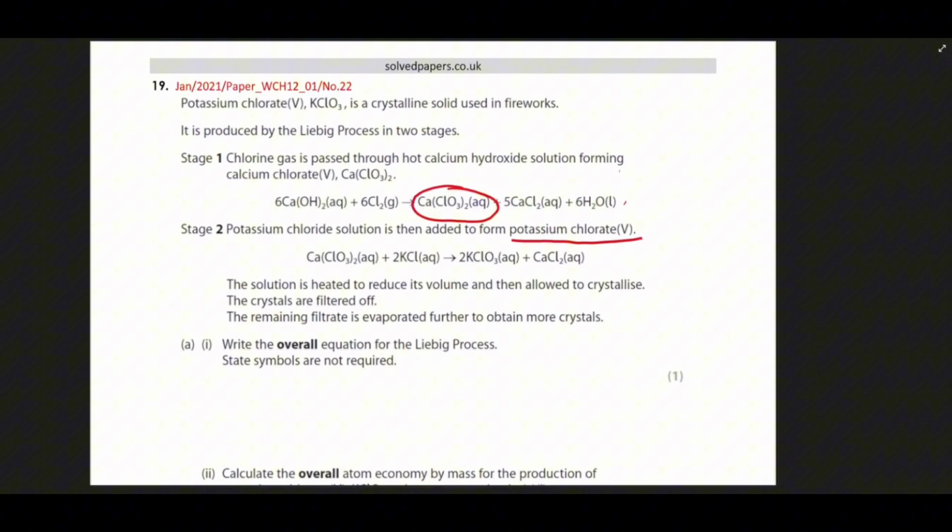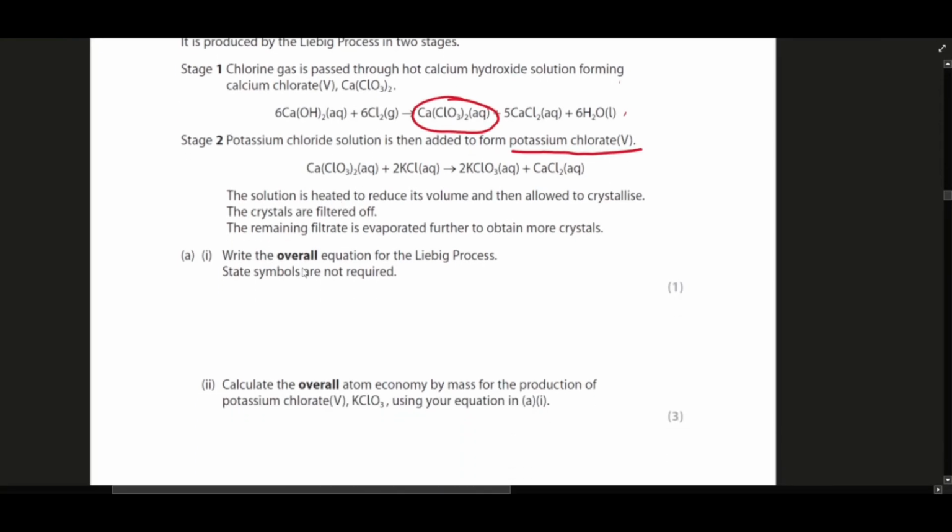Okay, separate CaOH. If you check out down here, if you just add the reactants together, what comes? You have 6 CaOH2 plus 6 Cl2. Then this two gets cut, right? Because this two will get cut, so eventually only this one remains.